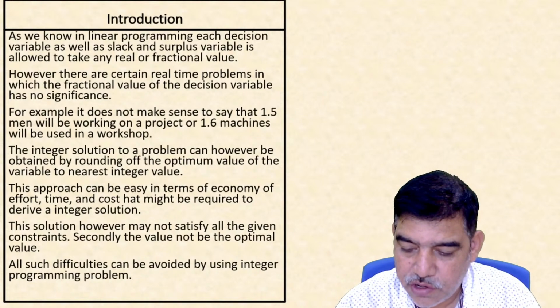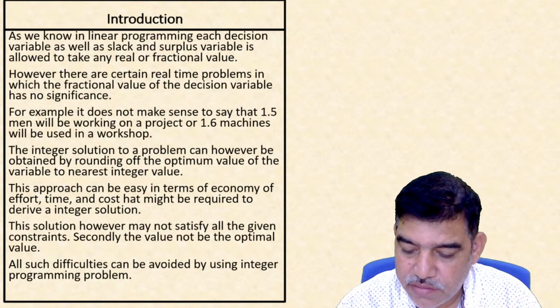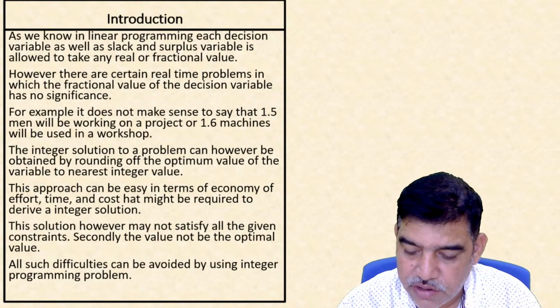It is worthwhile examining the conditions, if any, under which an integer programming model can be solved as a linear programming problem and yield an integer solution. Existence of such conditions in a problem situation or formulation would make our task simpler, as we do not have to apply any new method for the solution.